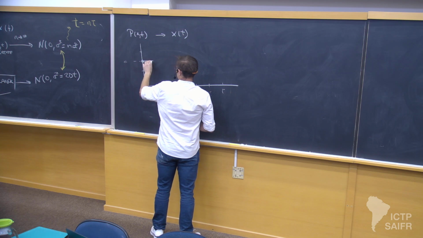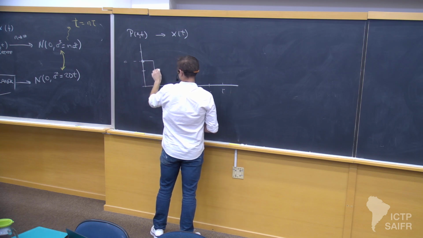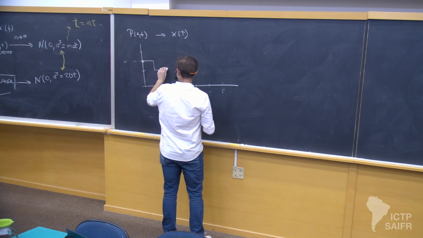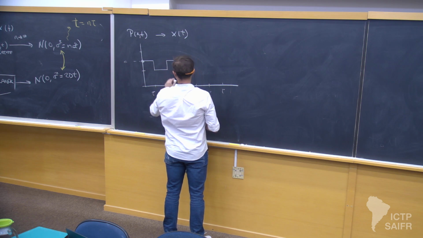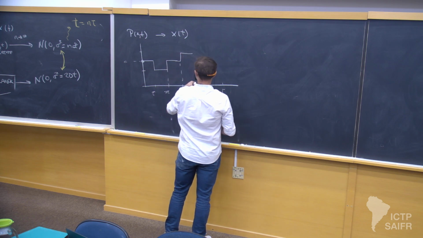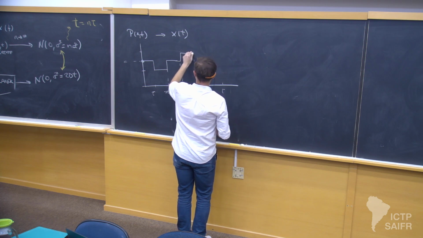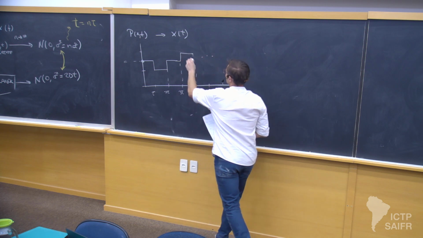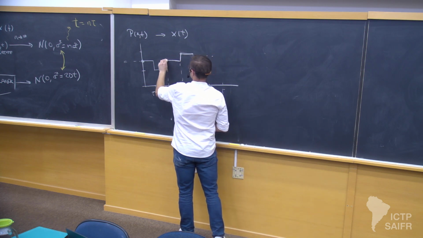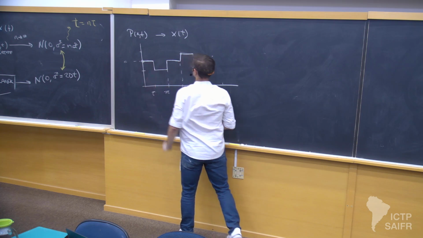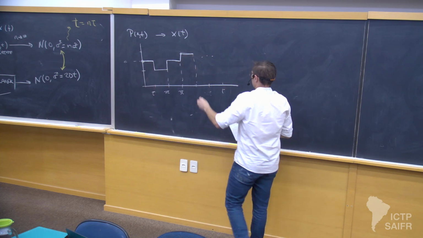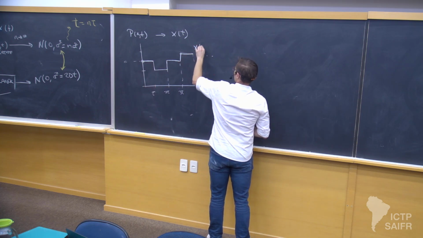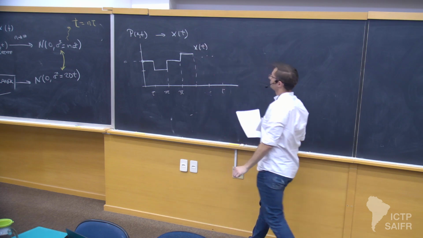So let's imagine that I have this trajectory, for example, this, and now I go up. Now I go up. And I continue, so on and so forth. And this is what I'm going to call x(t).